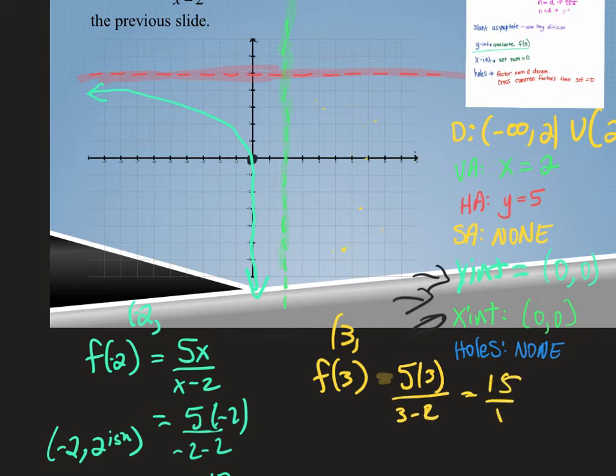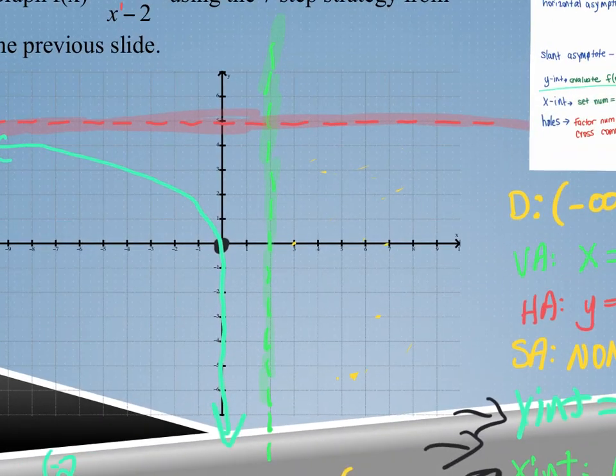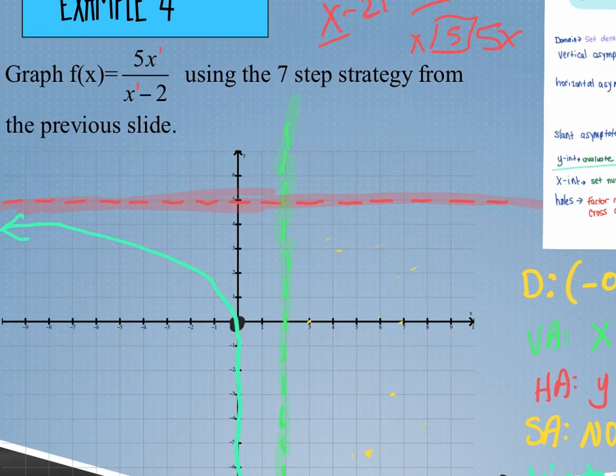Gives me 15 over 1. So guys, when I go over to 3, where is 15? Is it below the red line or is it above the red line? On the y-axis, where would 15 be? Is it above the red asymptote or is it below it?